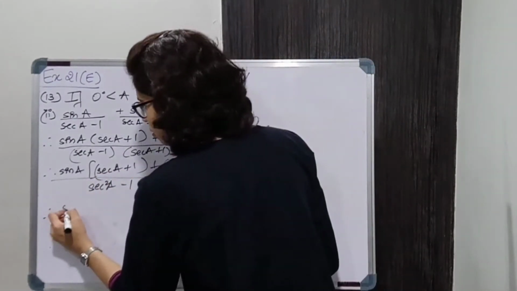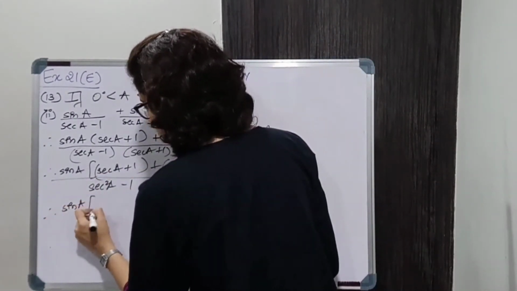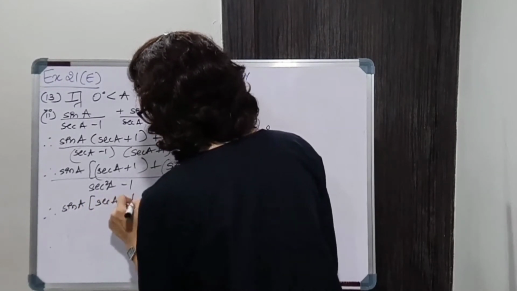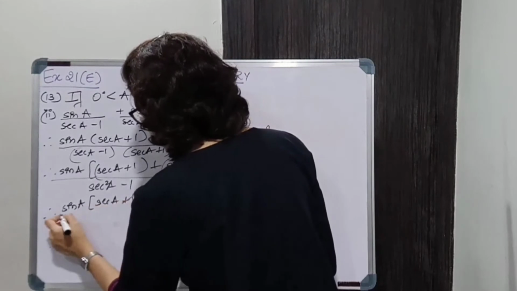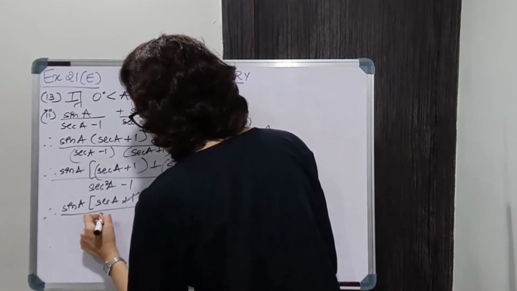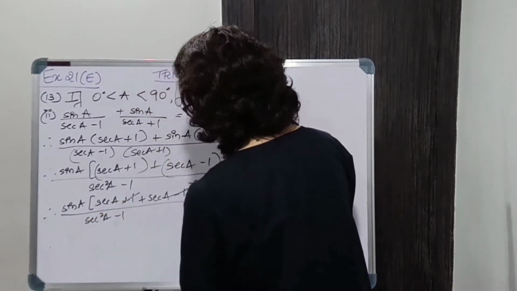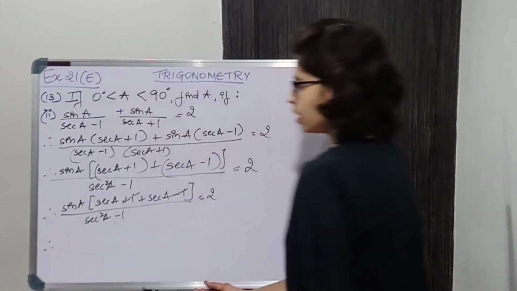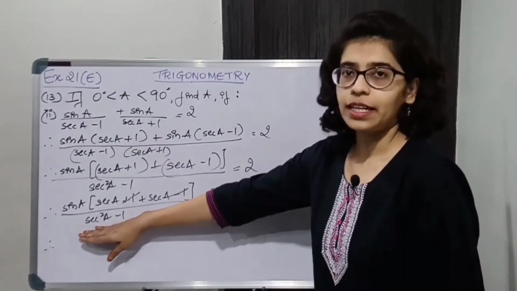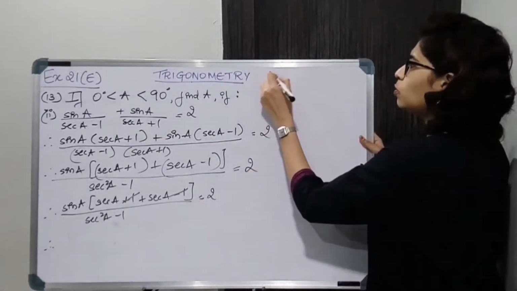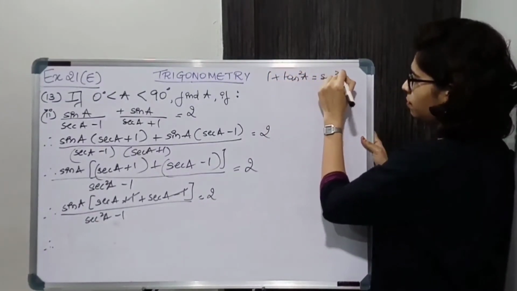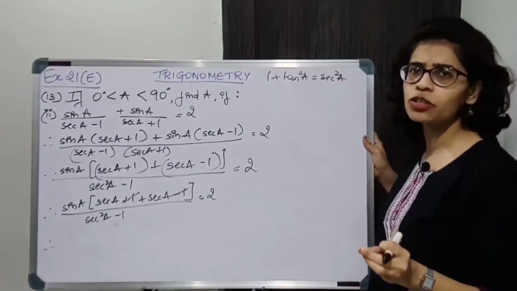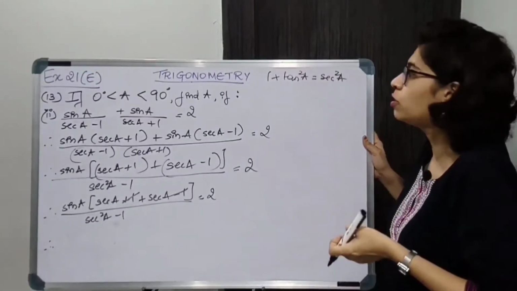We'll open the brackets in the numerator. Let us use an identity over here. There are only 3 identities to remember, okay? You only have to rearrange the terms.